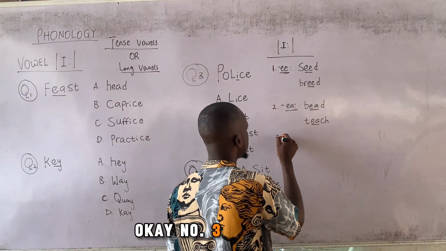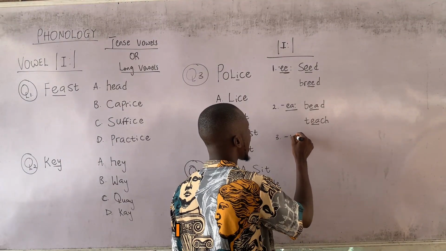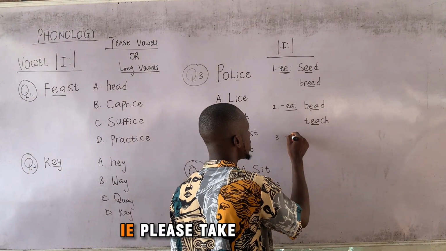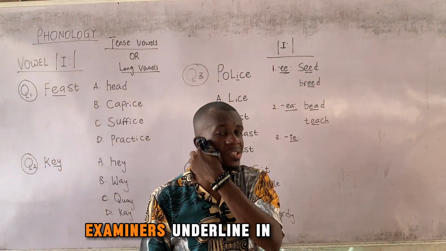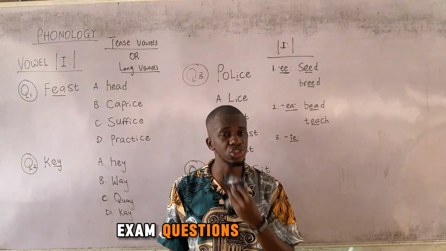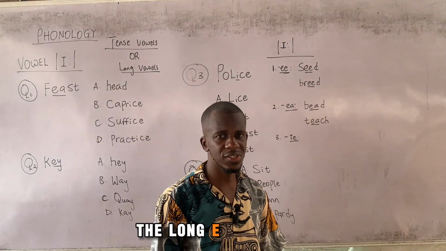Number three, we have the long E sound in the letters IE. Please take note. These are the letters you find that examiners underline in exam questions when they are testing students on the long E sound.